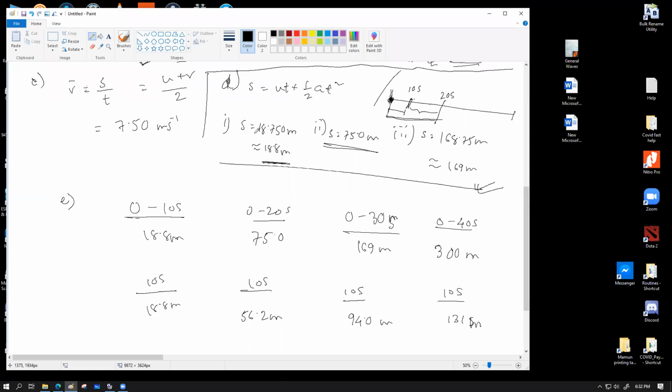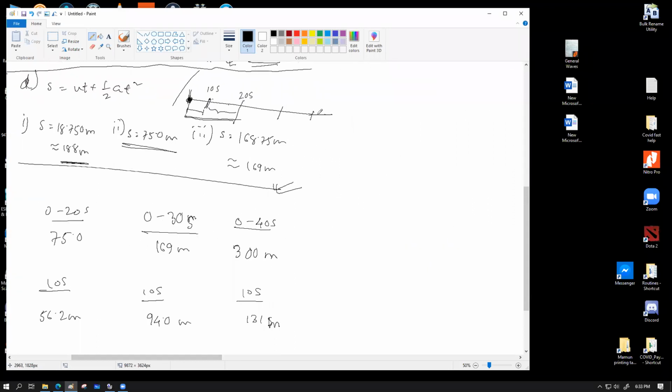So you can see that the in-between gap is increasing. So the object is gonna cover a small distance for the first 10 seconds, an even bigger distance for the next 20 seconds, even a bigger distance for the next 10 seconds, and even a much bigger distance for the next 10 seconds. This is over here. So you're gonna have bigger distances covered for each time interval of equal time gap, that is 10 seconds.